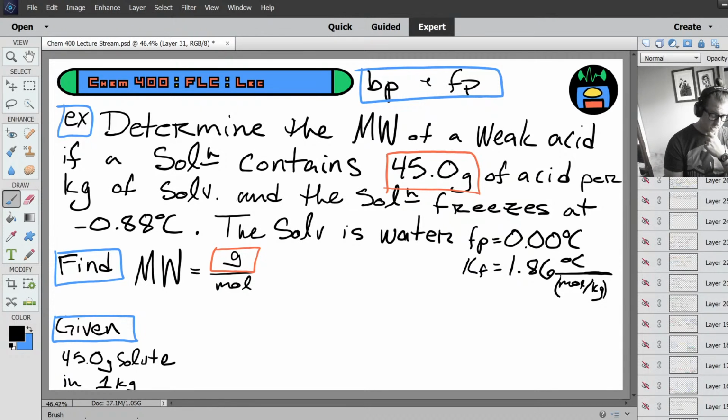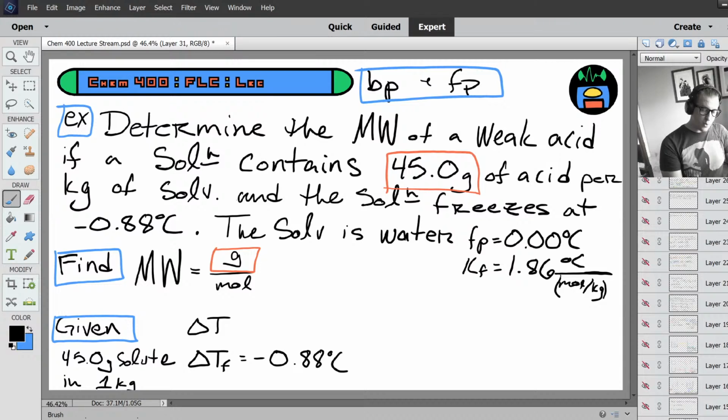All right. We're given the change in freezing point. It's negative 0.88 degrees Celsius. Change in freezing point comes with an equation.